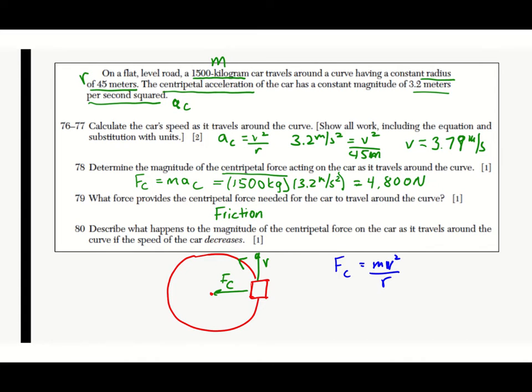One goes up, the other goes up also. So if speed decreases, so will the centripetal force. So all you need to say is that it decreases for your answer.